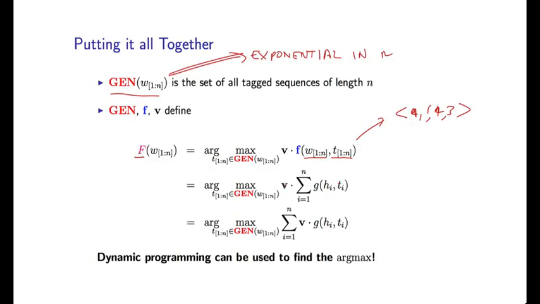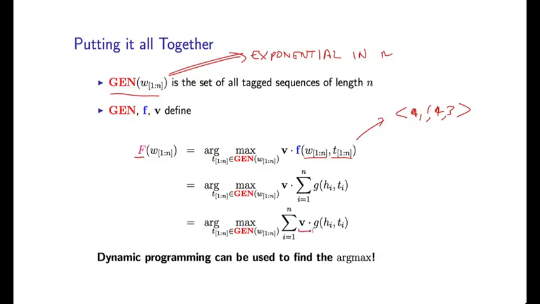Now, of course, I can rewrite this slightly, taking the v inside the sum. So the inner product between v and the sum of these local feature vectors is equal to a sum of inner products between v and g, just through some fairly straightforward results from linear algebra.